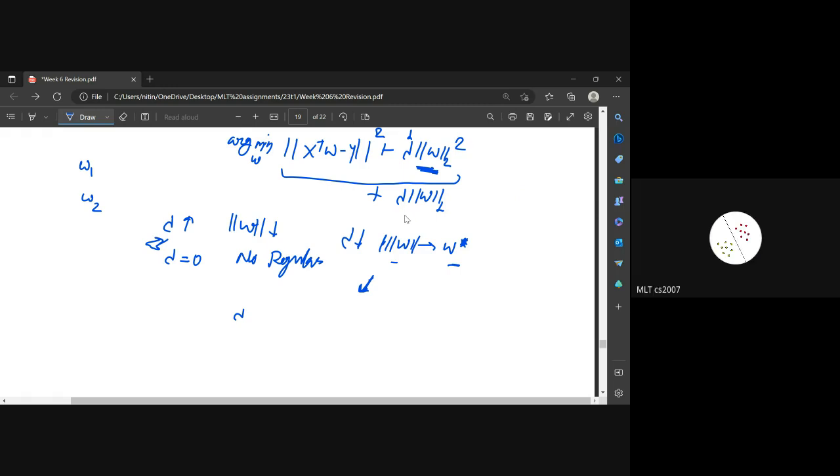That is the prior, but we have updated the prior and got this estimate: X transpose X plus lambda I, inverse, times X Y. So this is now your estimator W MAP. The prior assumption is that you want your W's to be close to 0. That's why we assume W's to be 0 in that case.